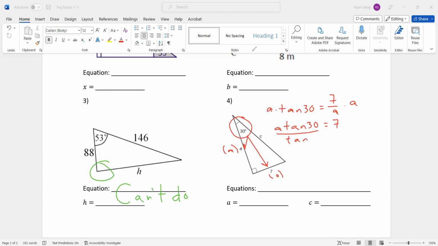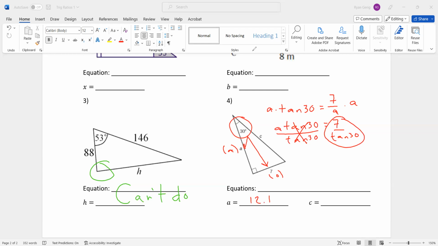Well, the tangent of 30 is just a number. If you type it in your calculator, you will get a number. So I'm going to divide by that number, tangent 30. So A equals 7 over the tangent of 30. So I'm going to type that now in the calculator. 7 divided by tangent 30. I get 12.12, so 12.1.